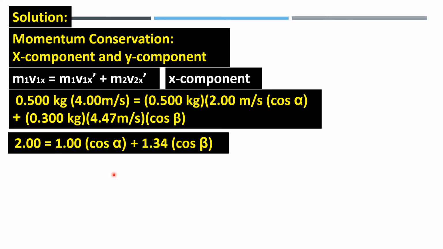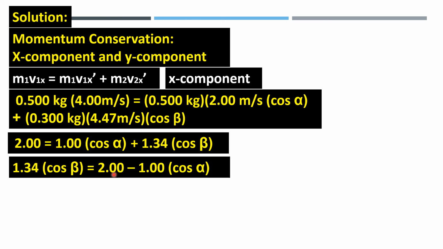Let's see. What do we have here? Since we will first determine one of the angles, I just transpose this term, 1.34 times cosine beta, to the left side of the equation, and then the 2 here, which is actually 2 kilogram meter per second, is placed on the right side.